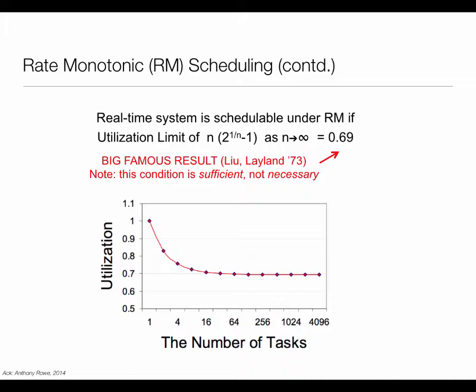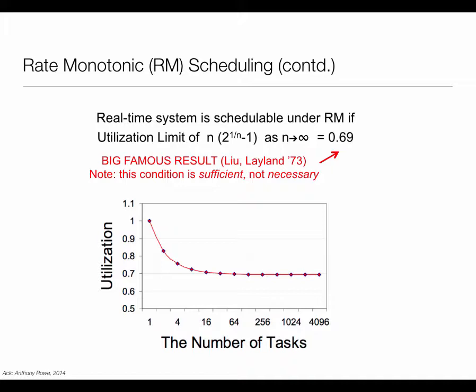Now, what it also says is that if I have a task set, let's say for n equal to 2, n equal to 2 is around 0.84. So let's say I give you a set of 2 tasks. We know if its utilization is less than 0.84, that set of 2 tasks will be schedulable. But if it is more than 0.84, what does it mean?